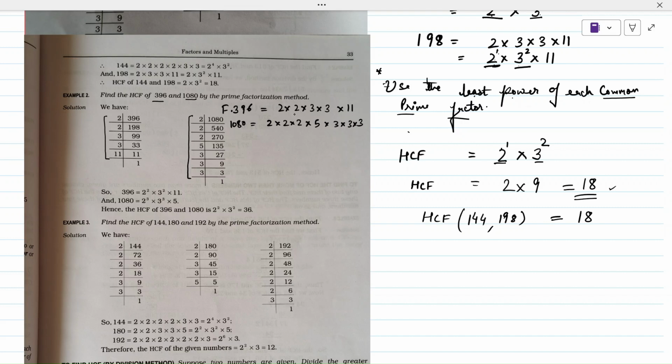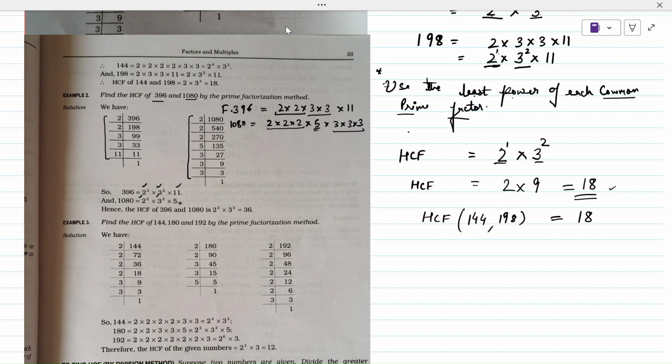Now we can express it in powers. This is 2 raised to the power 2, 3 raised to the power 2, and 11 as is. And for 1080, this is 2 raised to the power 3, 3 raised to the power 3, and 5 as is. These all are their factors in the form of powers.